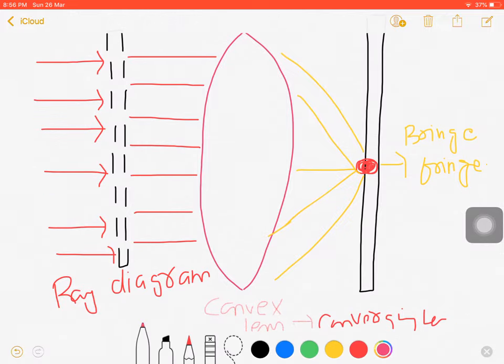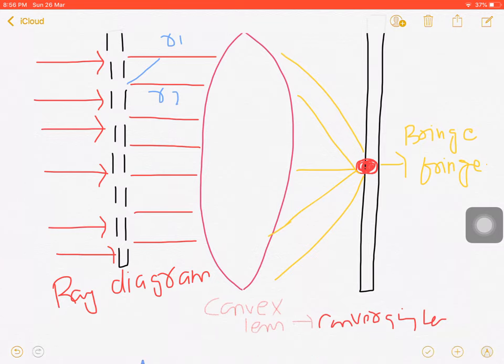Okay, now let's look at the path difference over here. See, the path difference will be this, and this is R1, this is R2. Let's find the path difference.